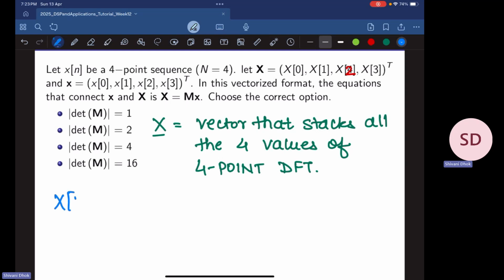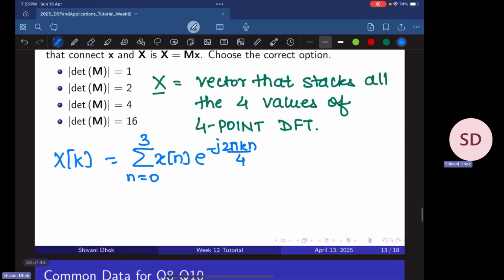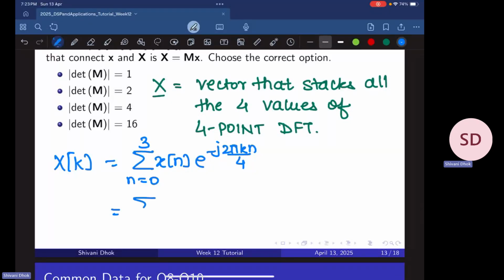So this X of k is given as summation little n equal to 0 to capital N minus 1, where N is 4, so 4 minus 1 is 3, x of n into e power minus j 2 pi k n by N, capital N is again 4. So this we can write as summation n equal to 0 to 3 x of n into e power minus j pi k n by 2.